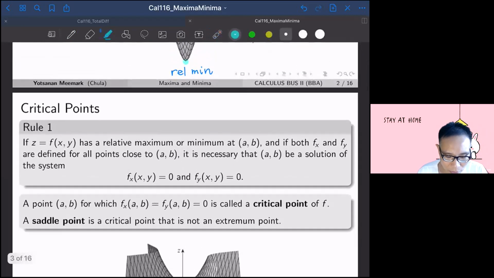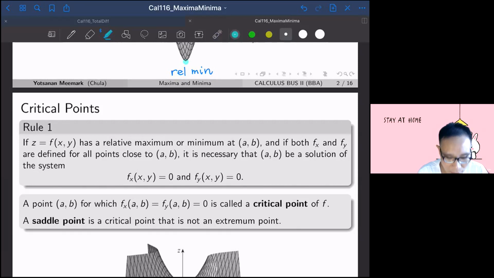That leads us to rule number 1. The relative maximum and relative minimum at (a,b) happen when (a,b) satisfies the equations: the partial derivative with respect to x and the partial derivative with respect to y are both equal to 0. This is what we use to determine a relative maximum or relative minimum.